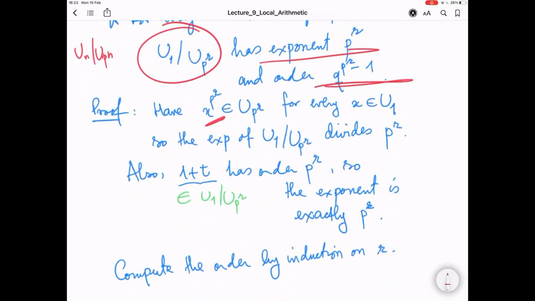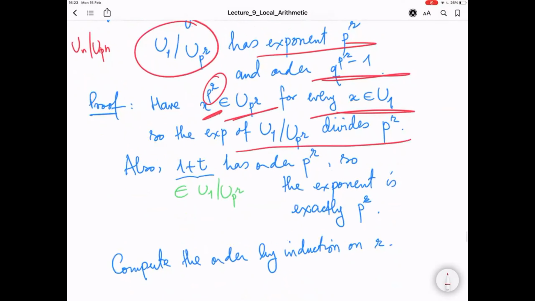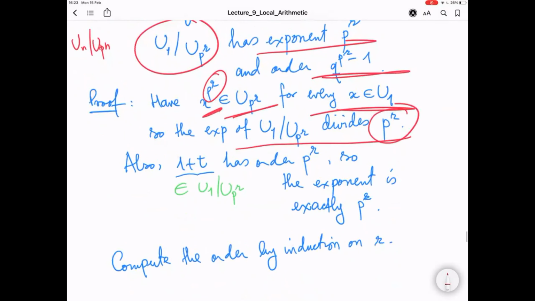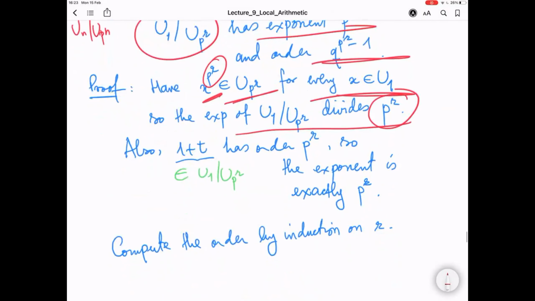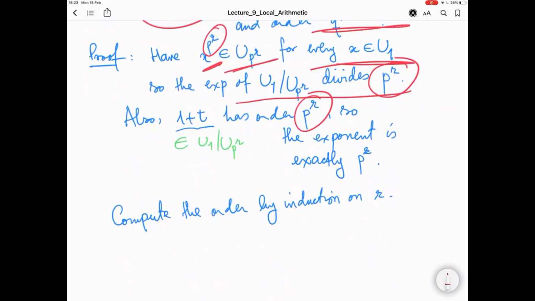We have seen that x to the p to the r will belong to this u p to the r for every x in u1. And therefore, the exponent of this divides p to the r. But to say that it's exactly equal to p to the r, you have to produce some element which has order p to the r. And here is an element, 1 plus t. So the exponent is exactly equal to p to the r.